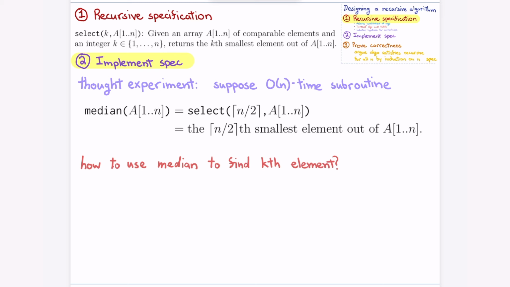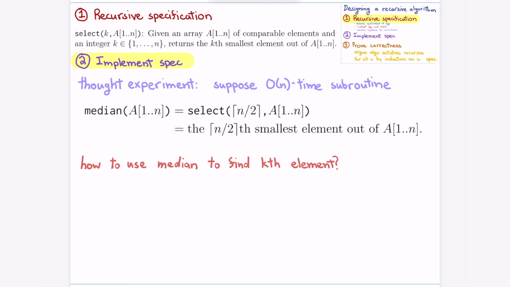But suppose I told you that you could find the median in linear time. I gave you a black box, a magical thing. We don't know how to implement it, but it's a special case of our problem. Of course, if you can implement select, then you can implement median. But I'm asking the opposite question: if you can implement median really fast, could you implement select fast?